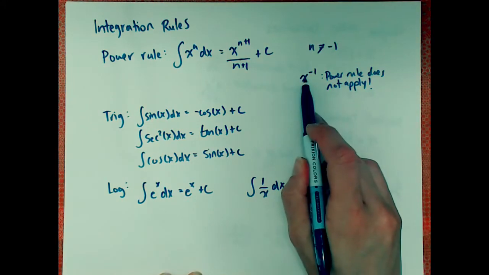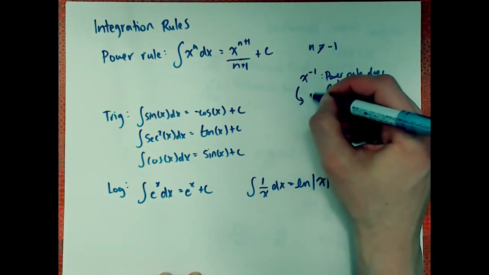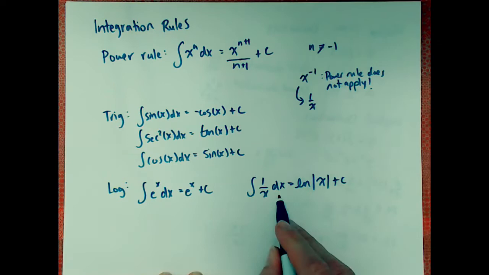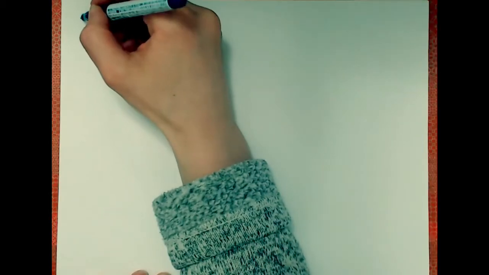Note that here this x to the -1 was equal to 1 over x, and now we have the result for that particular integral. And now let's go over integration by substitution.